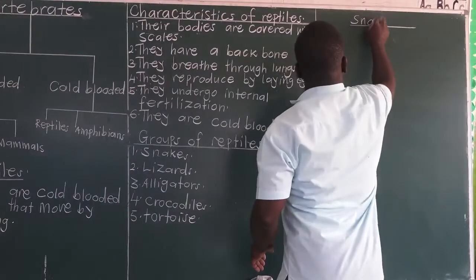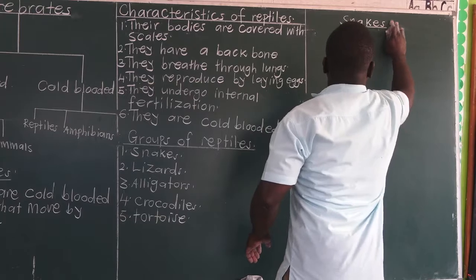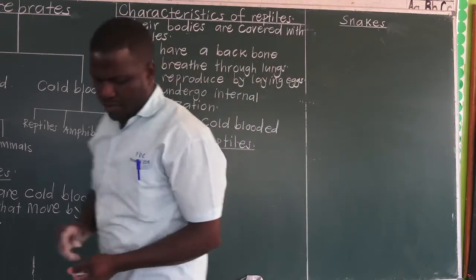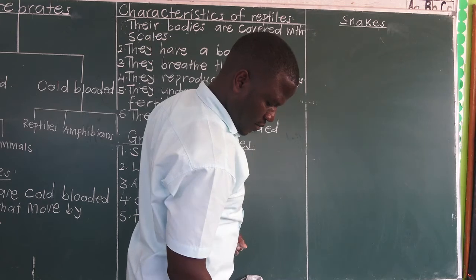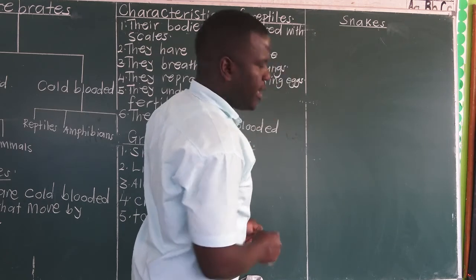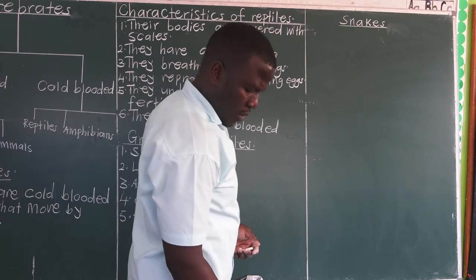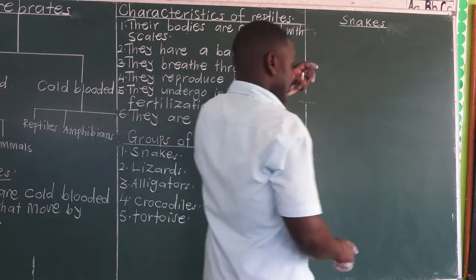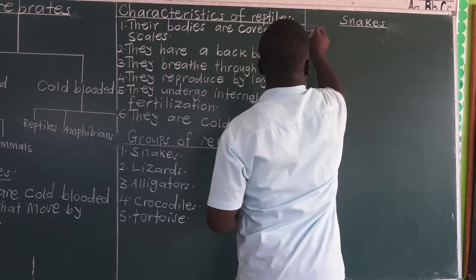Snakes are a group of reptiles with no limbs, and they move by slithering.